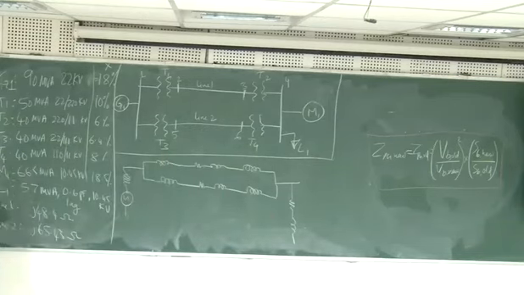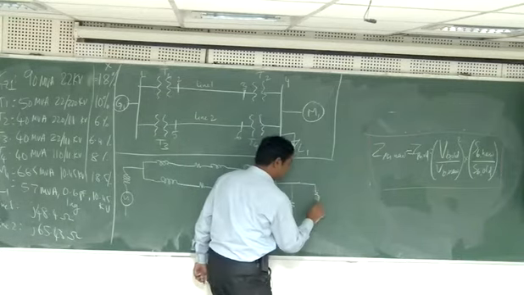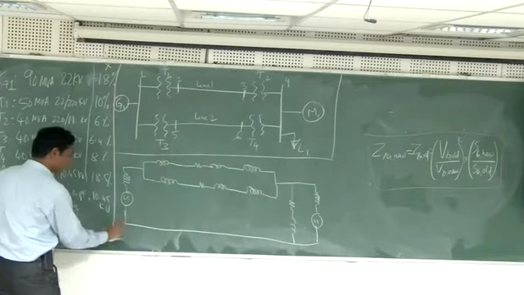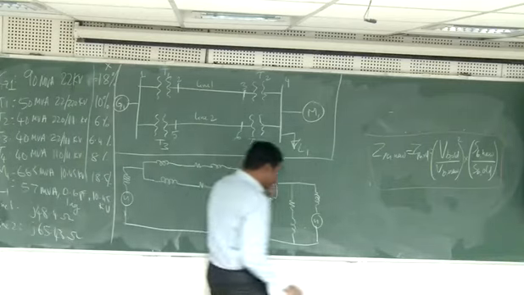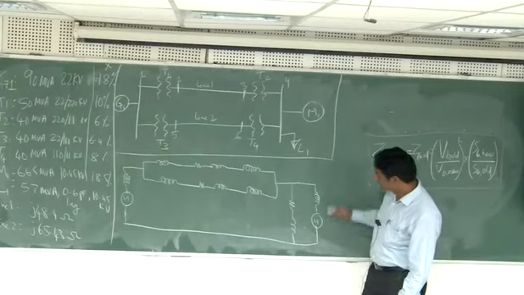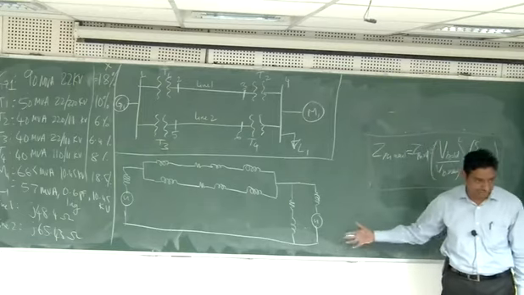How do you model a motor? Motor is also a voltage source, but the current is going inside. So that means this is like a back EMF kind of voltage source.